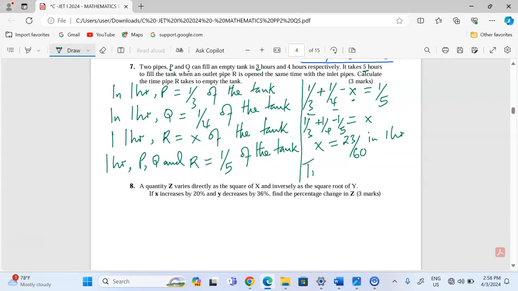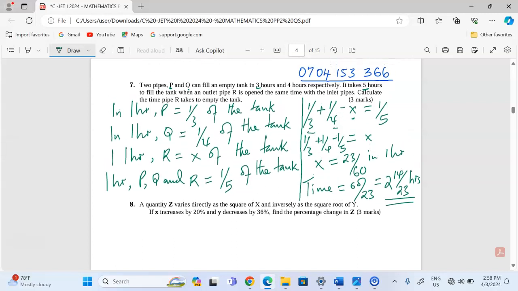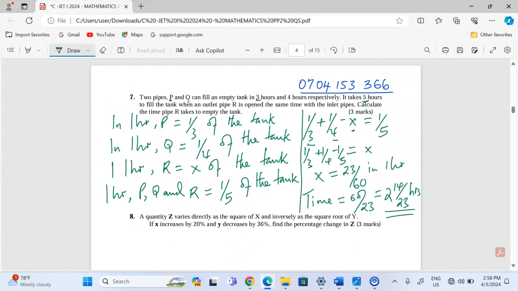So time required would be 60 over 23 hours, which is 2 and 14 over 23 hours. So this is the total time required for pipe R to completely empty the tank when operating alone.